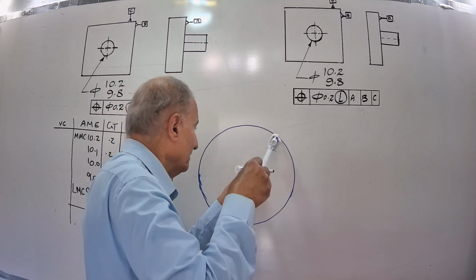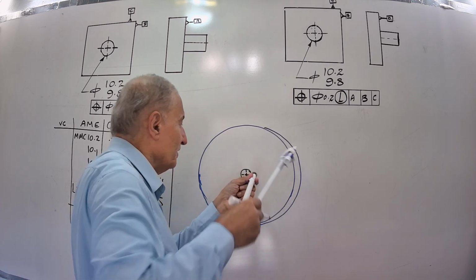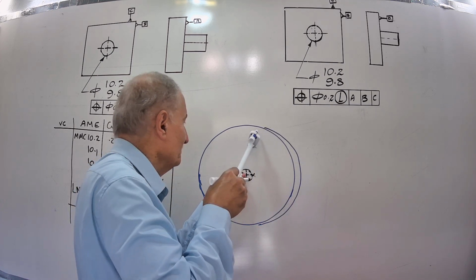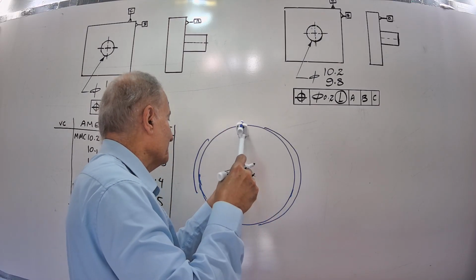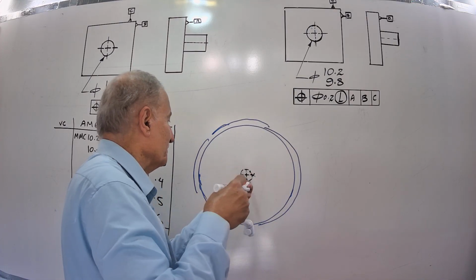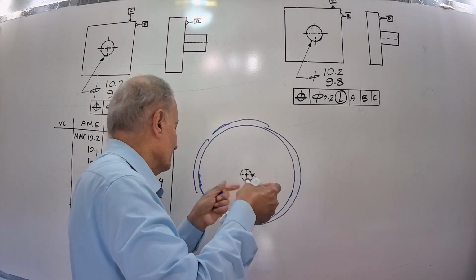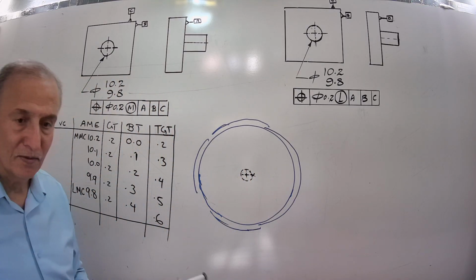Then shaft will be here. If the center is here, shaft will be here. If the center is here, shaft will be here. And if the center is here, I just draw four possible positions.